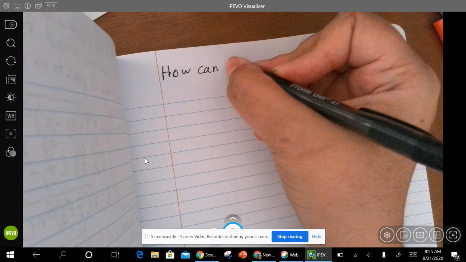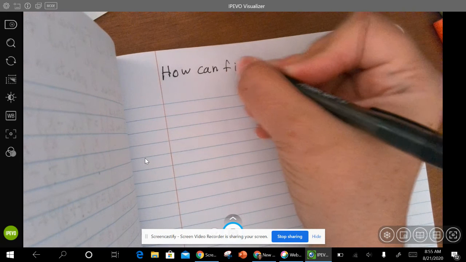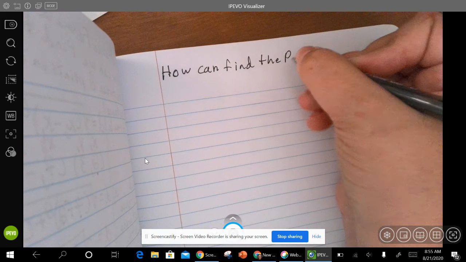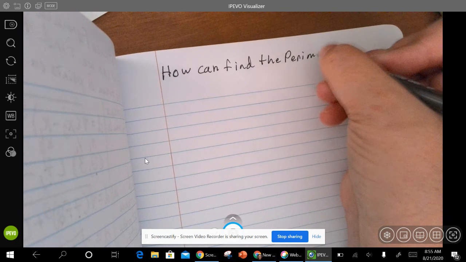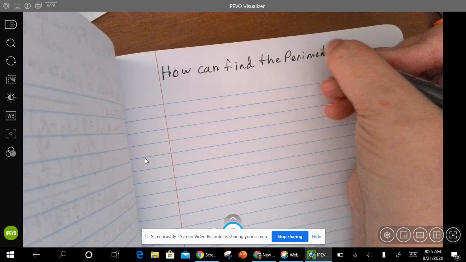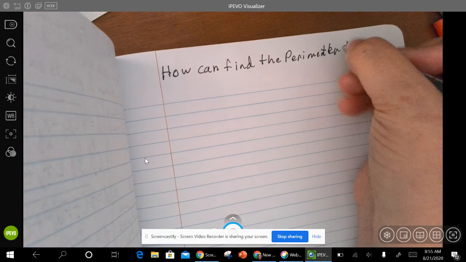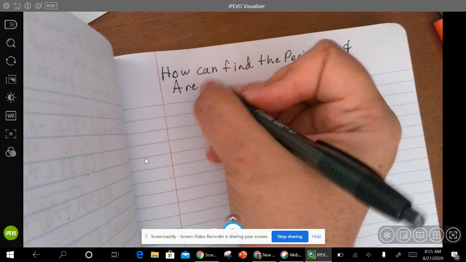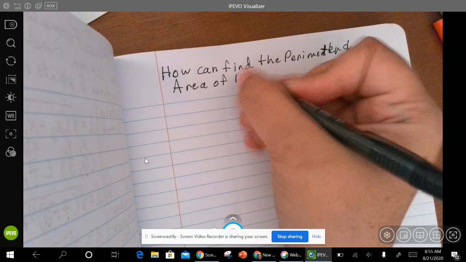How can we find the perimeter? Perimeter and area. Polygons.